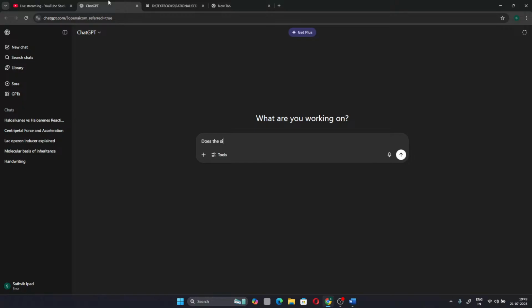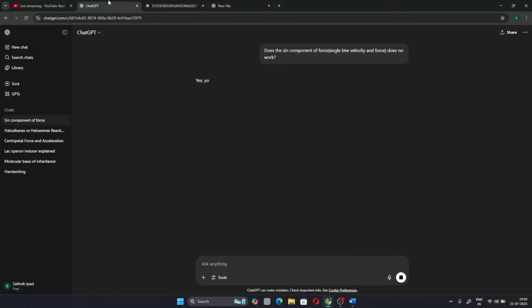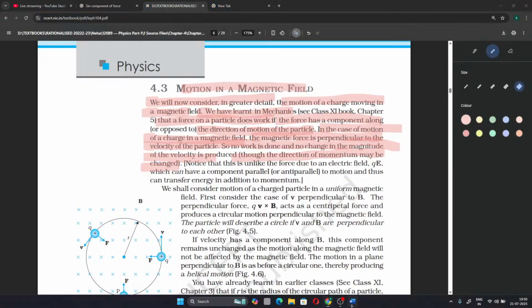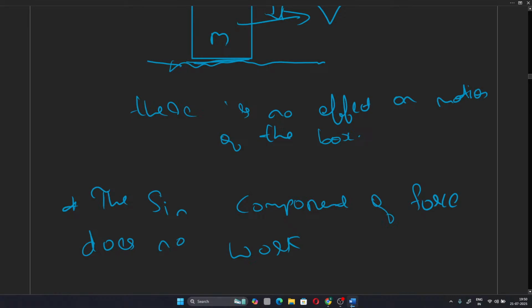The angle between velocity and force does no work. Yes, that is indeed the case. So when we take the sine component of force, it does no work.